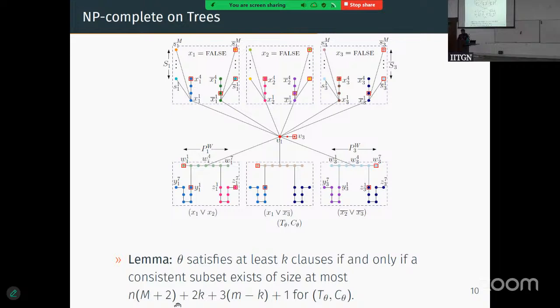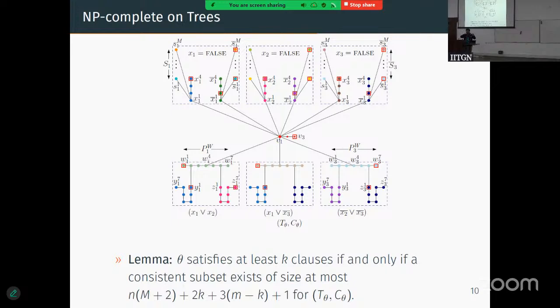Then the subset size is at most this because these are the budget. This is n plus 2 variables. Sorry, n plus 2 vertices. N variables, n plus 2. Now, these are satisfied intervals.